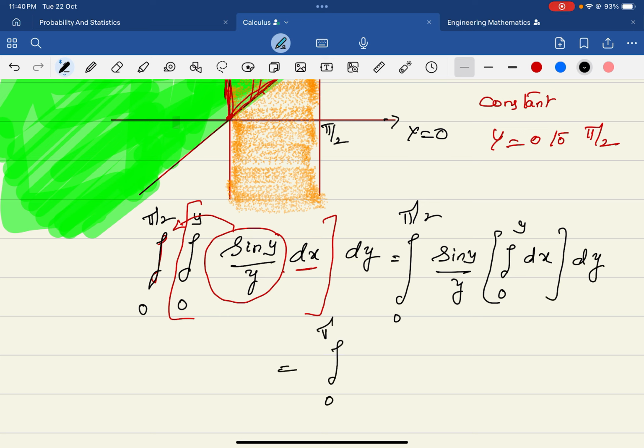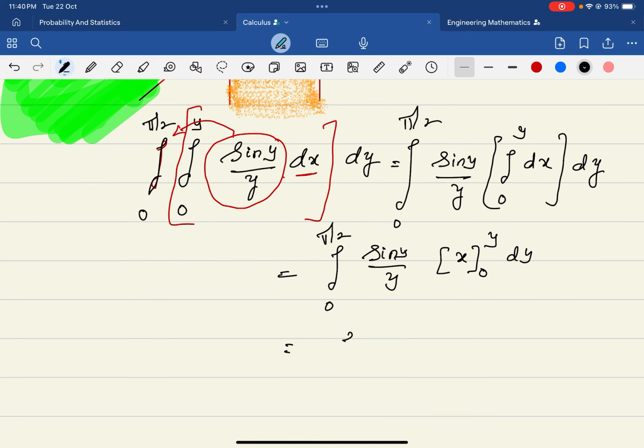Now what does it give you? Integral 0 to pi by 2 sine y by y, integral dx is x within the limit 0 to y, dy. Now what does it give you? Integral 0 to pi by 2 sine y into y by y, multiplied by upper limit minus lower limit, that is y minus 0, that is y. Now y gets cancelled.